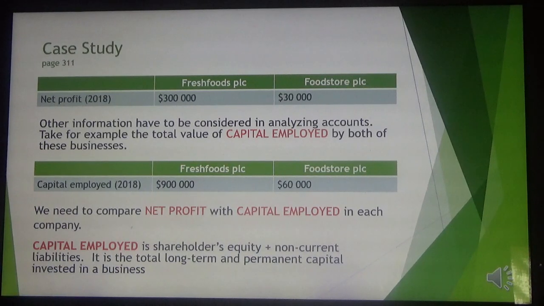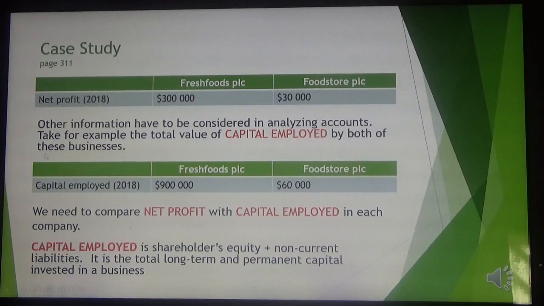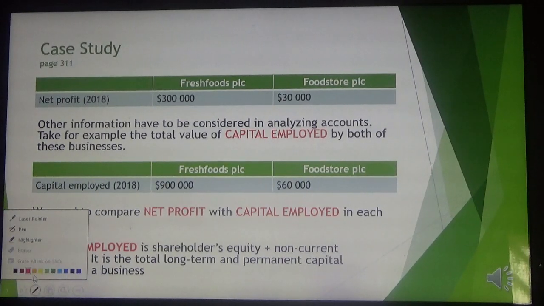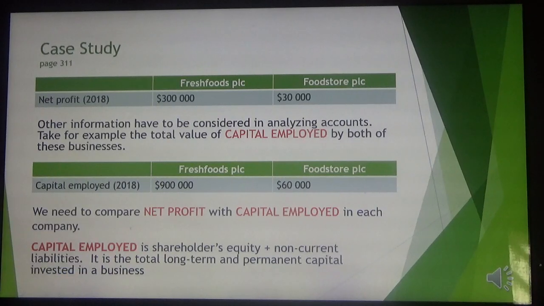And Fresh Foods PLC has made $300,000 profit from an investment of $900,000. Now, by comparing these figures from the accounts, Food Store PLC appears to have achieved a better performance even though its overall level of profits is lower. Do you see the difference?